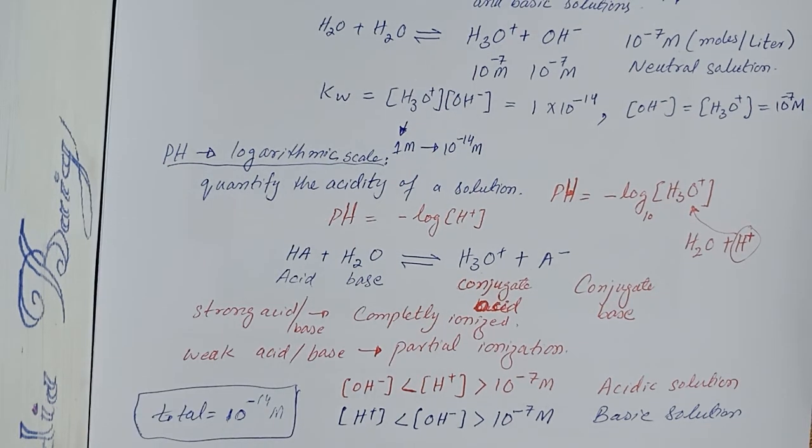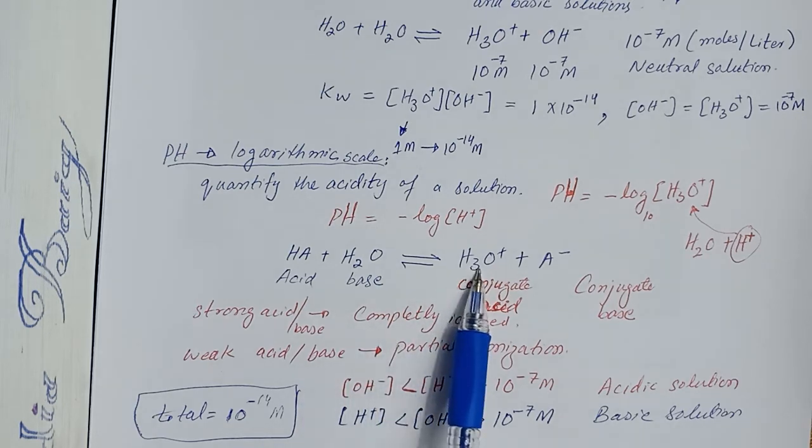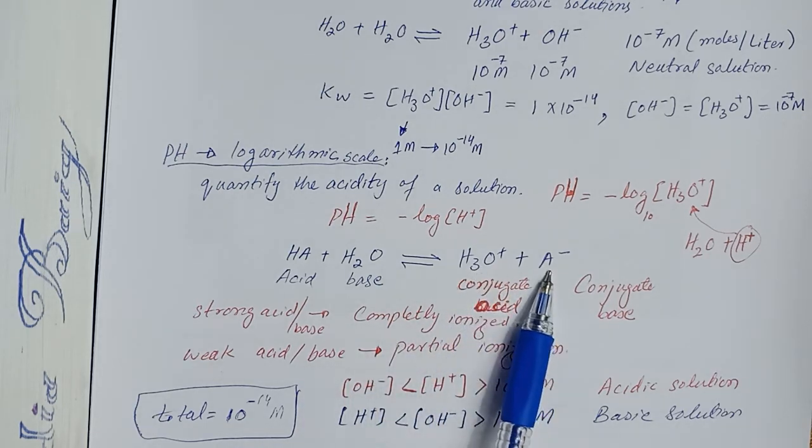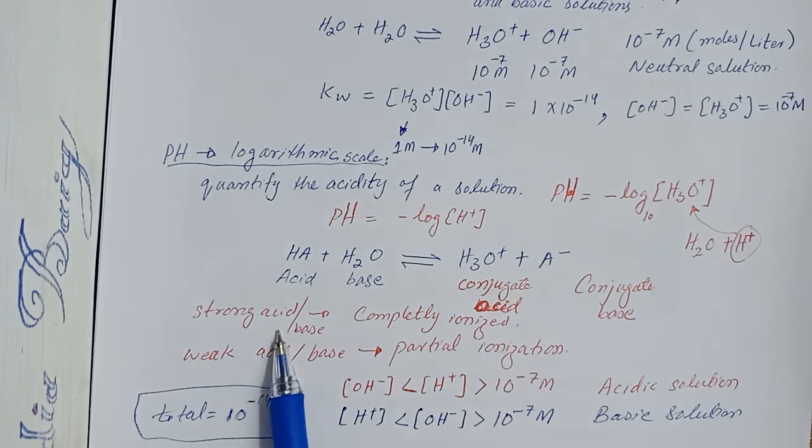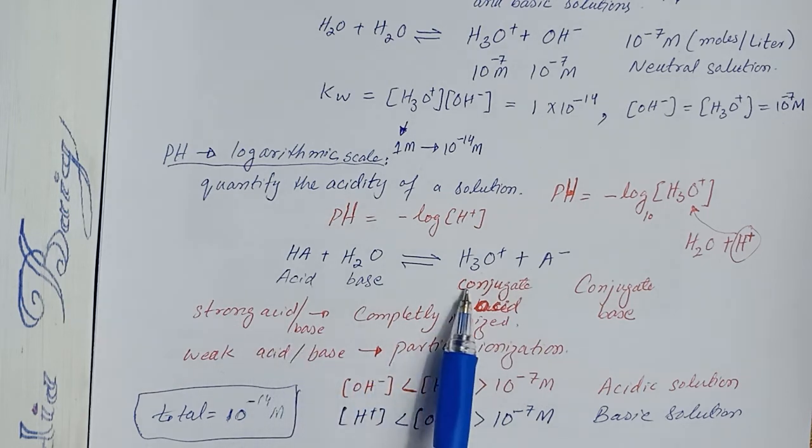So to determine the relative strength of an acid or base, we need to find how much the acid or base ionizes or dissociates. This is needed because strong acids or bases are completely ionized, which means the ionized species are higher for strong acids and bases.